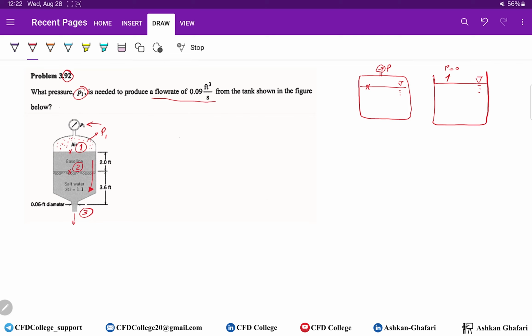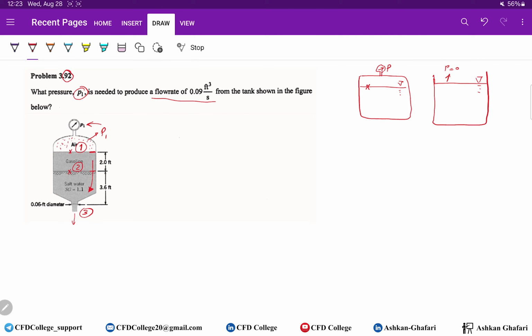Okay, so at point 1 we know the pressure, and another point is when you have a free surface or interface in tanks, these tanks are assumed to be large enough, so the elevations are constant or steady, and it means that the velocity on the interfaces is 0.